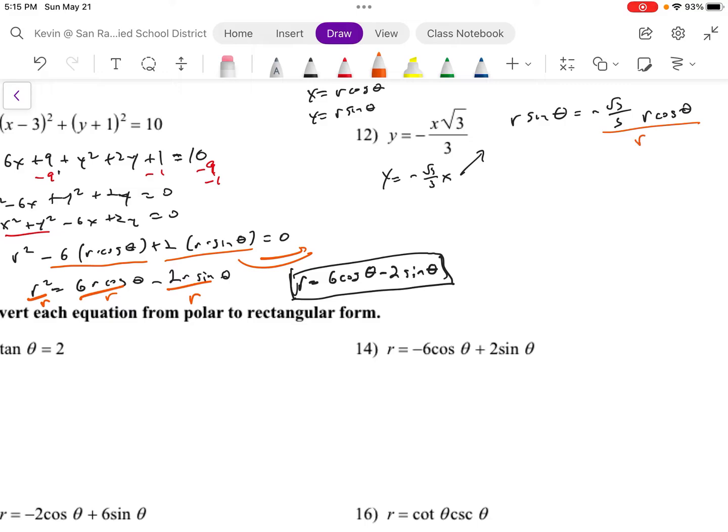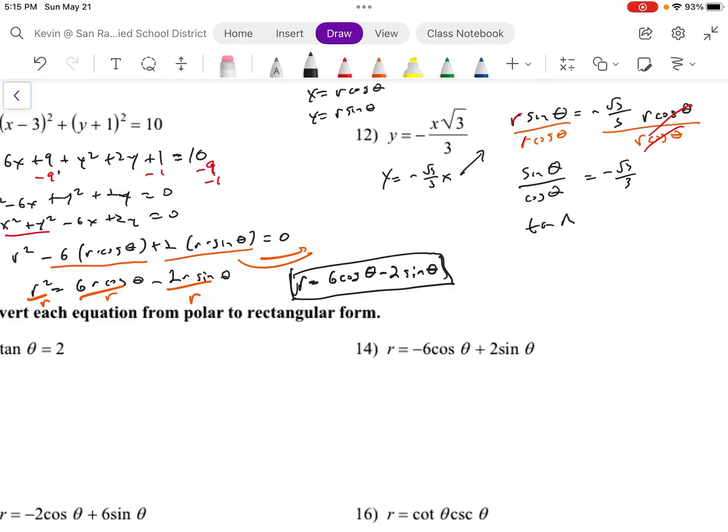Come through here and divide both sides by r cosine theta. The r's cancel out. Leaves me with sine theta over cosine theta equals negative root 3 over 3.